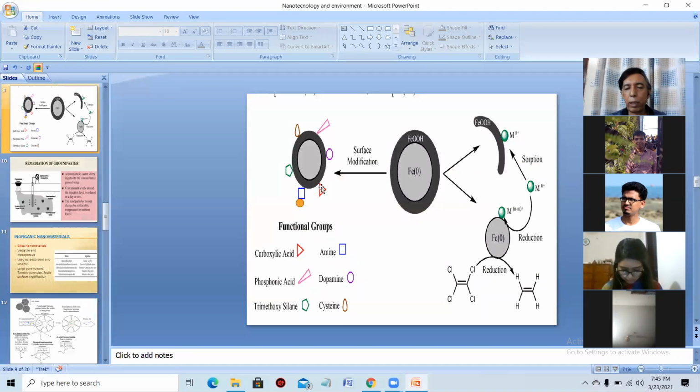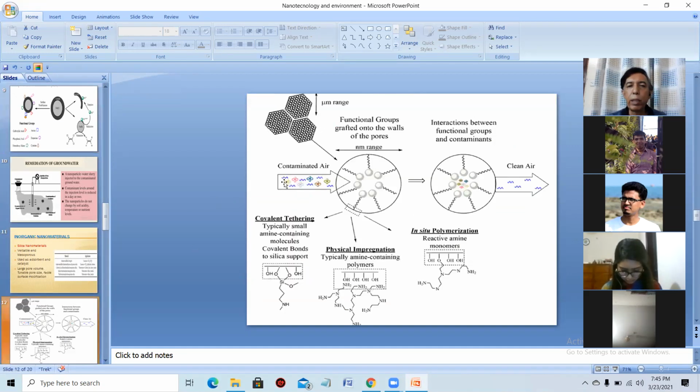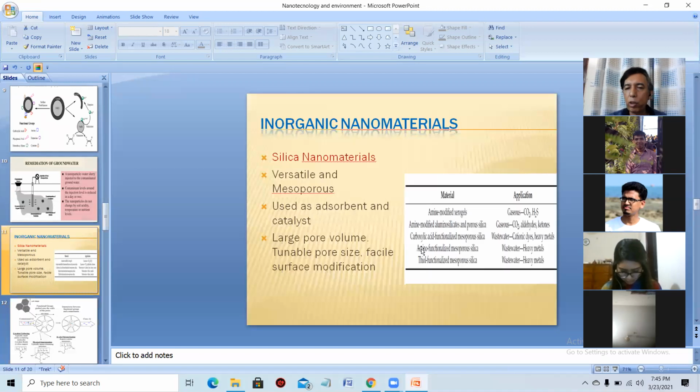This is grafted to a nanoparticle. So in this silica pore, you can graft carboxylic acid functional group. So that's why it is called carboxylic acid functional mesoporous silica.